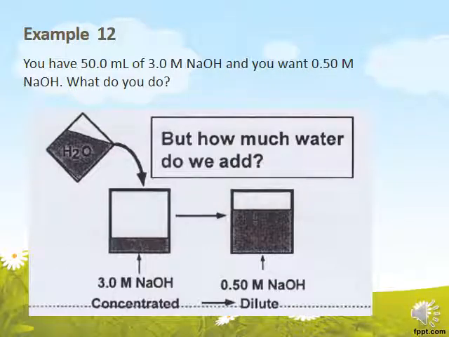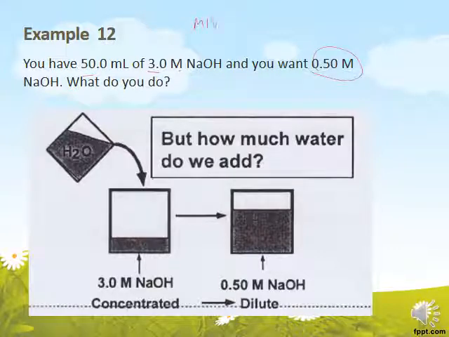Example 12, you have 50 ml of 3 molar sodium hydroxide and you want 0.5 molar sodium hydroxide. So what do you do? Initially you have 50 ml of 3 molar sodium hydroxide in hand, but you only want to prepare 0.5 molar. So what do we do?